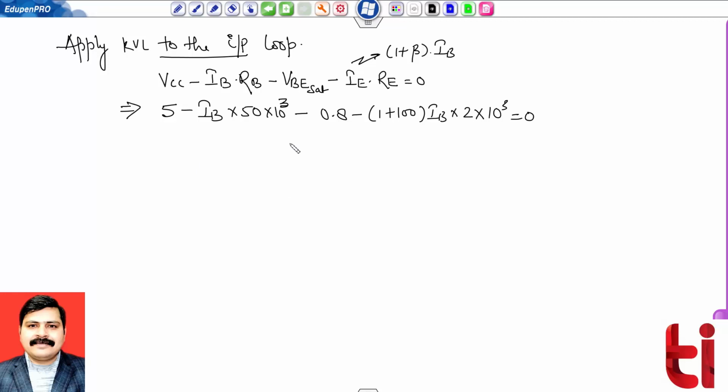So with this, it is 4.2 minus 50 into 10 raised to power 3 IB minus 202 into 10 raised to power 3 IB equals to 0.